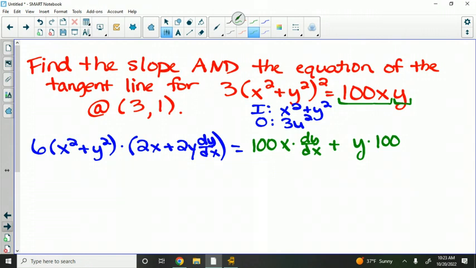Okay, so make sure we're all okay with blue and green, because the next part, the middle part, is just a bunch of algebra coming up. So make sure we don't have any questions on blue or green first.